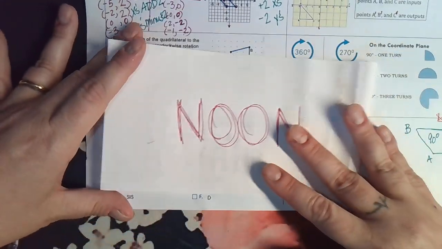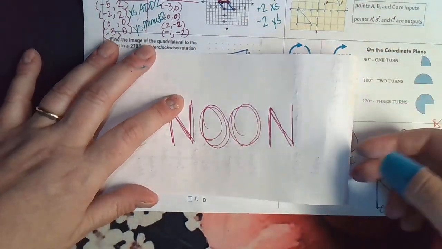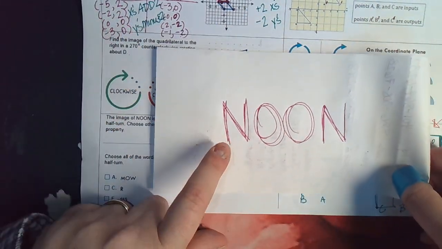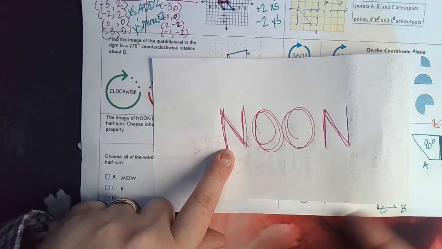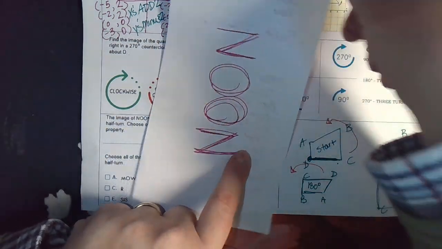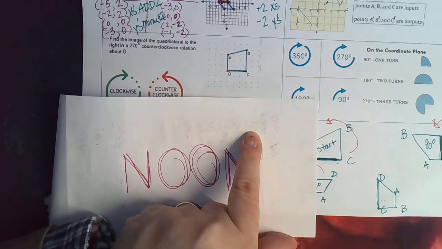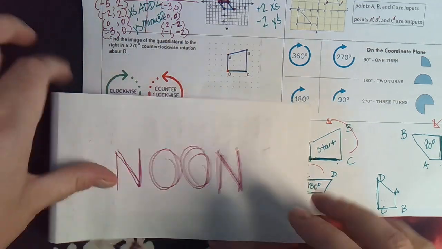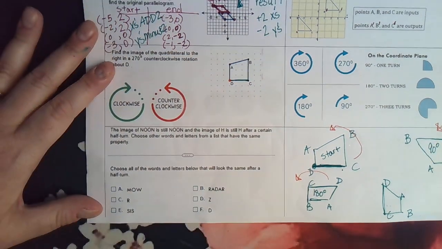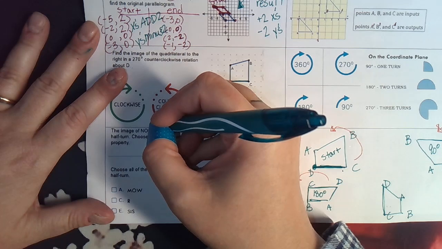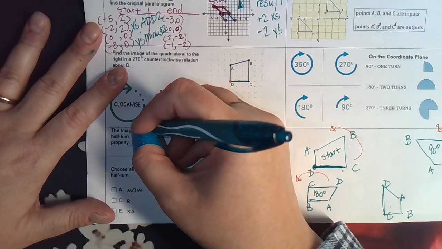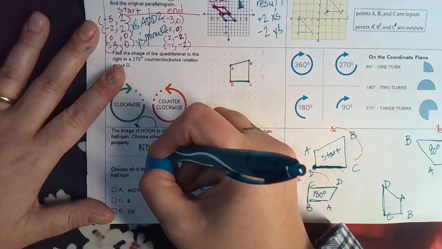If I spin this around 180 degrees, as in hold down that N and spin it around, not a full circle, just half a circle, I still get noon. So if I take this noon and flip it around, I still have noon.